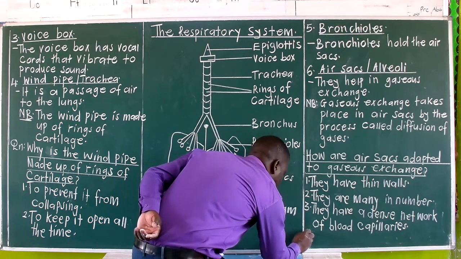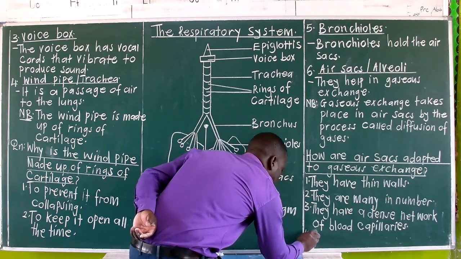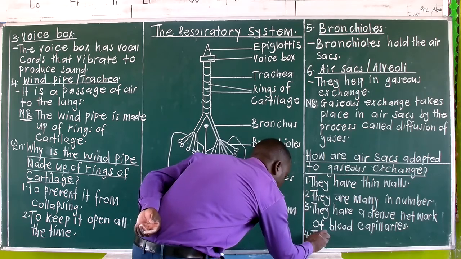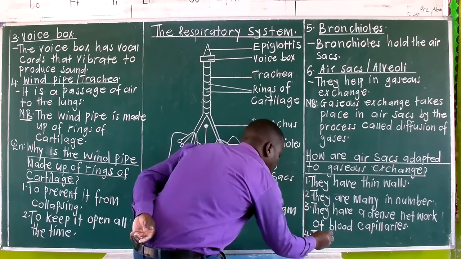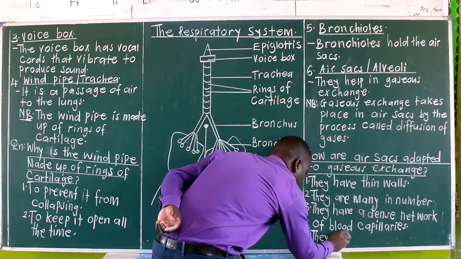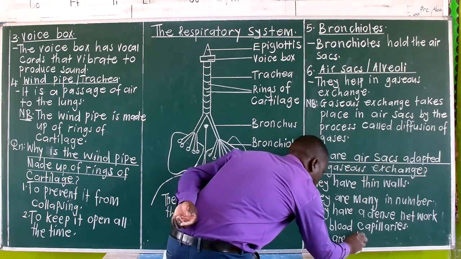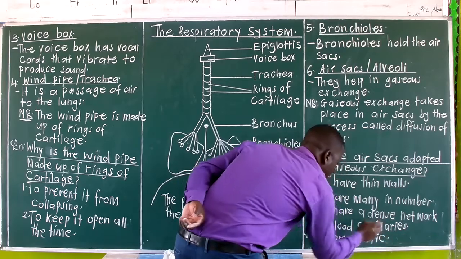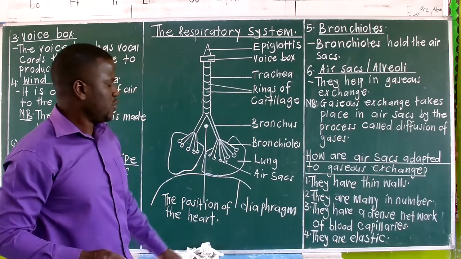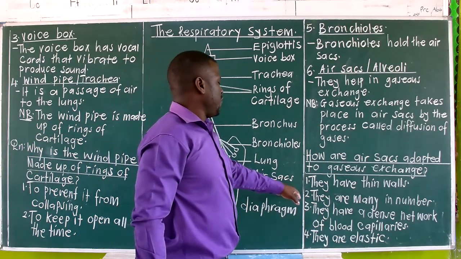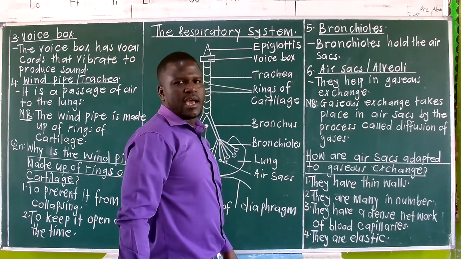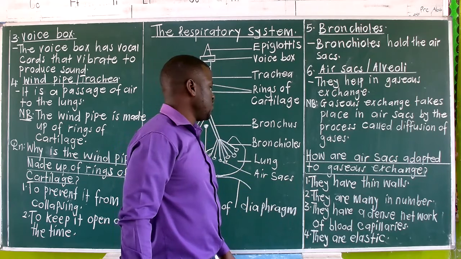Then, number four, they are elastic. So these are the 4 different ways how air sacs or alveoli are adapted to their function, or to gaseous exchange.